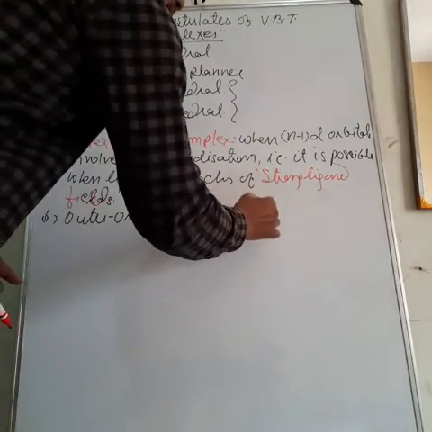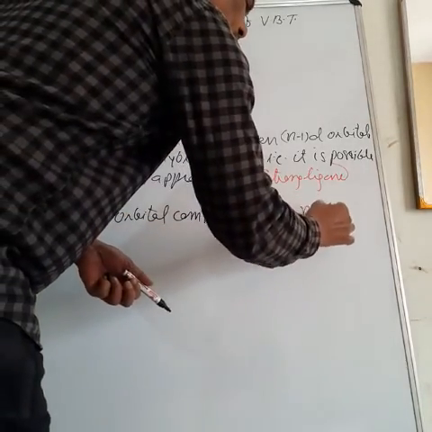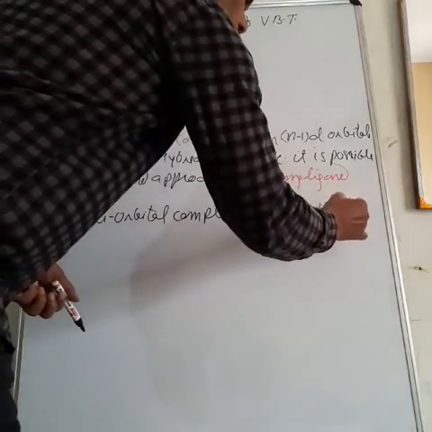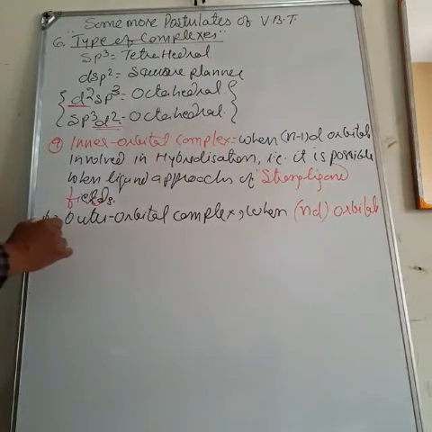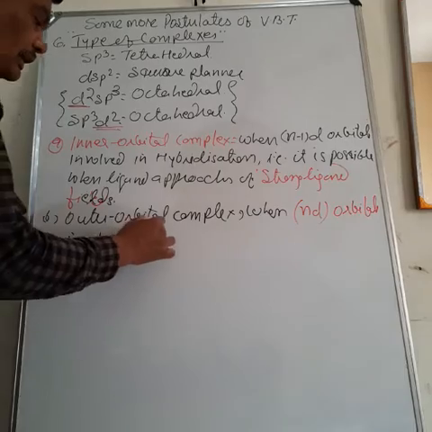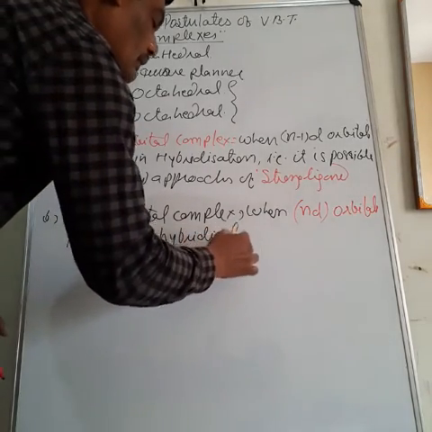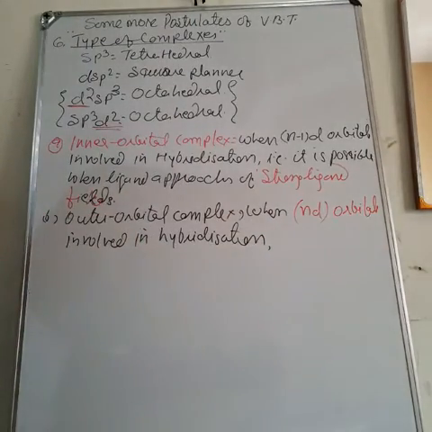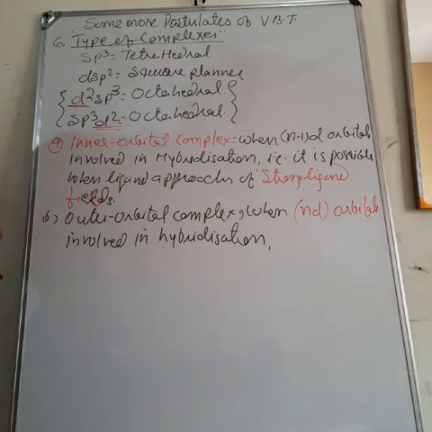This is when the nd orbitals, that is the outer orbitals, are involved in hybridization. This is possible if the inner orbitals do not have vacant orbitals.